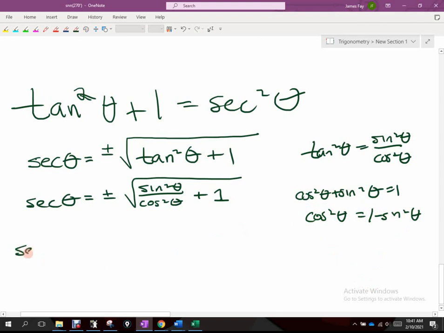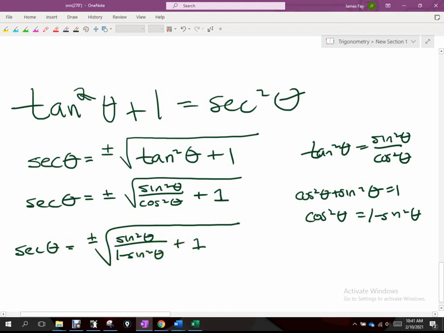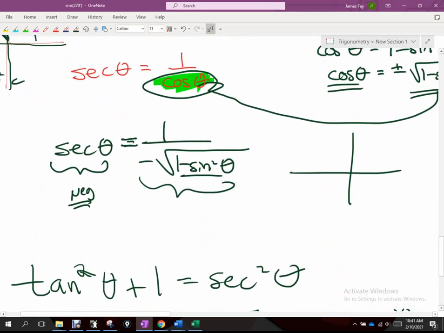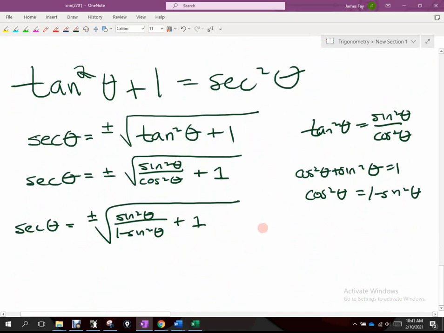So secant theta equals plus or minus the square root of sine squared theta over 1 minus sine squared theta plus 1. And that might look completely different than this right now, correct? Well, let's try something here. We've got two fractions here, correct? Can I combine those into one fraction?